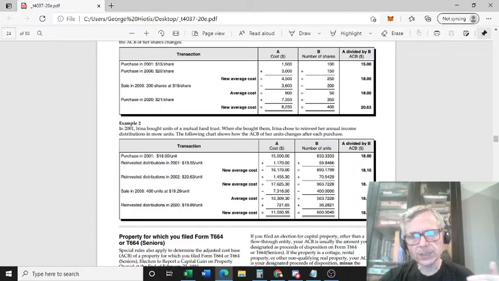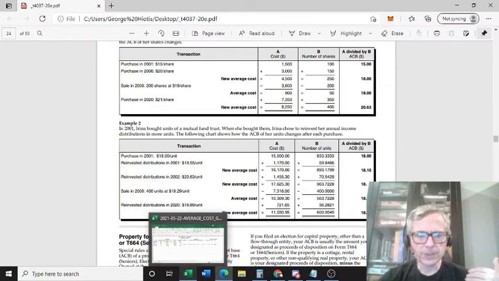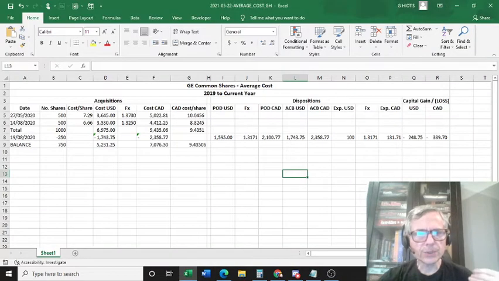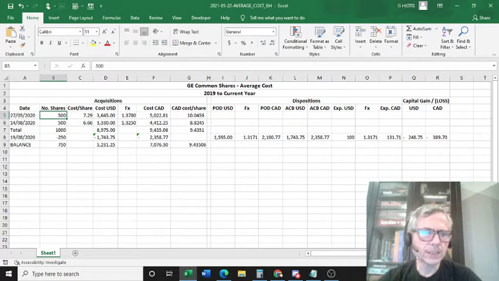The calculation that I'm going to show you is a bit more complicated than that because it involves currency exchange. As a hypothetical example, I'm using GE common shares, and here I have a little title, average cost 2019 to current year. In this case, the investor started investing in GE on the 27th of May 2020, and bought 500 shares at $7.26 US.